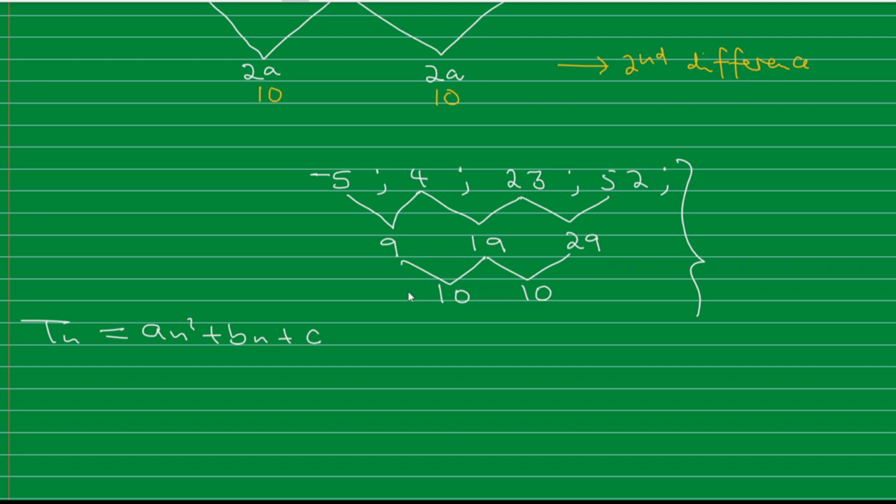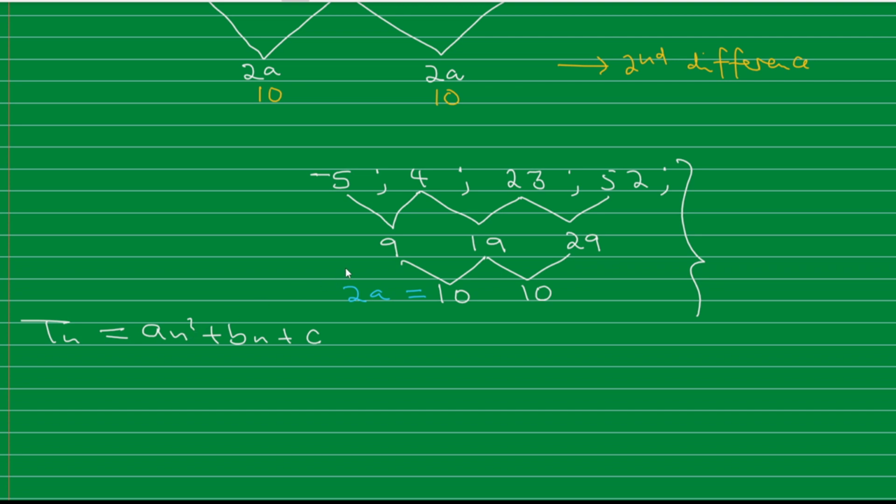So the second difference is always 2a. That is the most important part now. The second difference is always twice the value of a, being the coefficient of n squared.